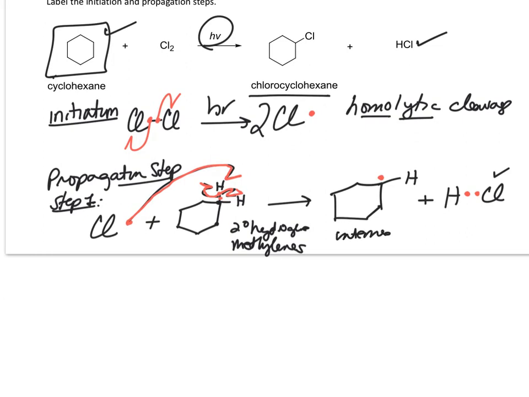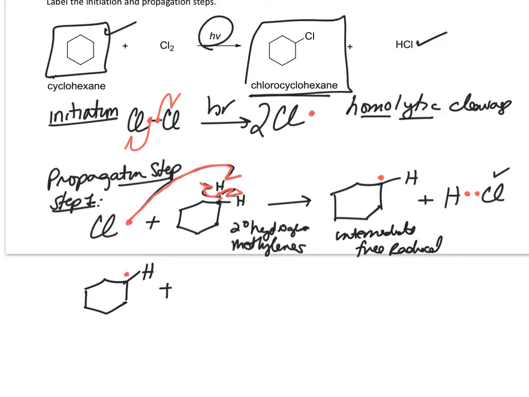We call this an intermediate. It's our most stable free radical, and we've got to react that, okay, that's our free radical. We got to react that with a neutral species to give us this product. So we can do that by reacting it with another molecule of chlorine.